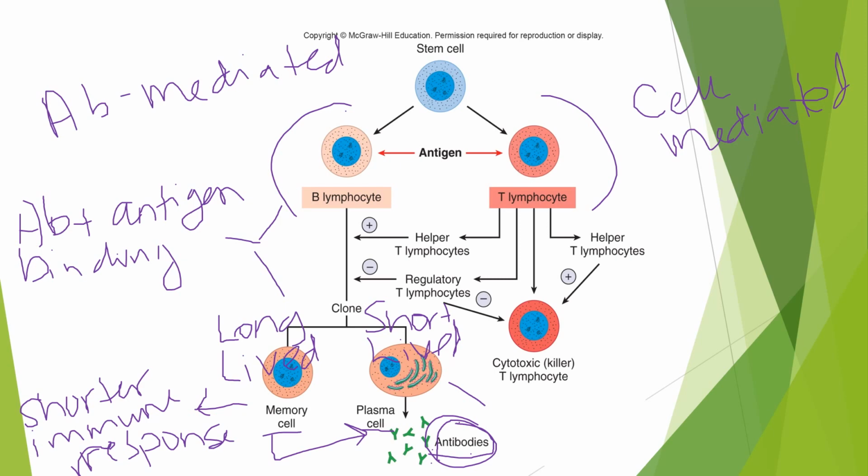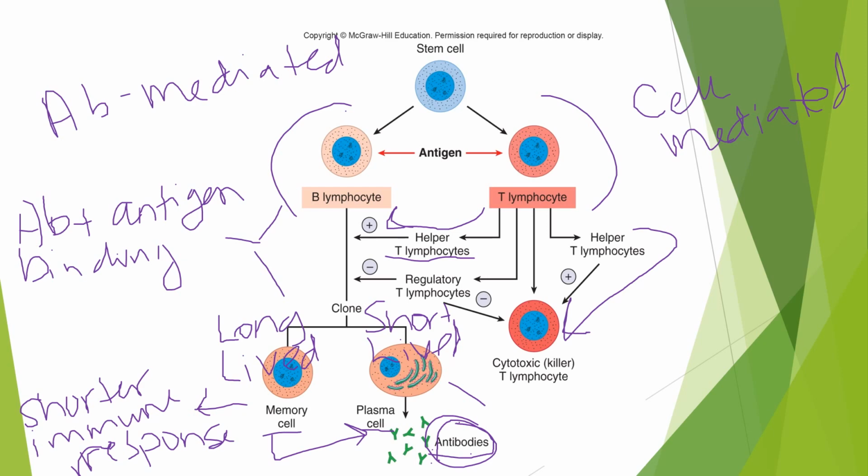Okay, so the difference with T lymphocytes is that there are different types that can be produced. We have helper T lymphocytes, which can either turn into and activate B lymphocytes, or help initiate the cytotoxic killer T lymphocytes. Again, these need to be in contact with their victim cell in order to generate a response.